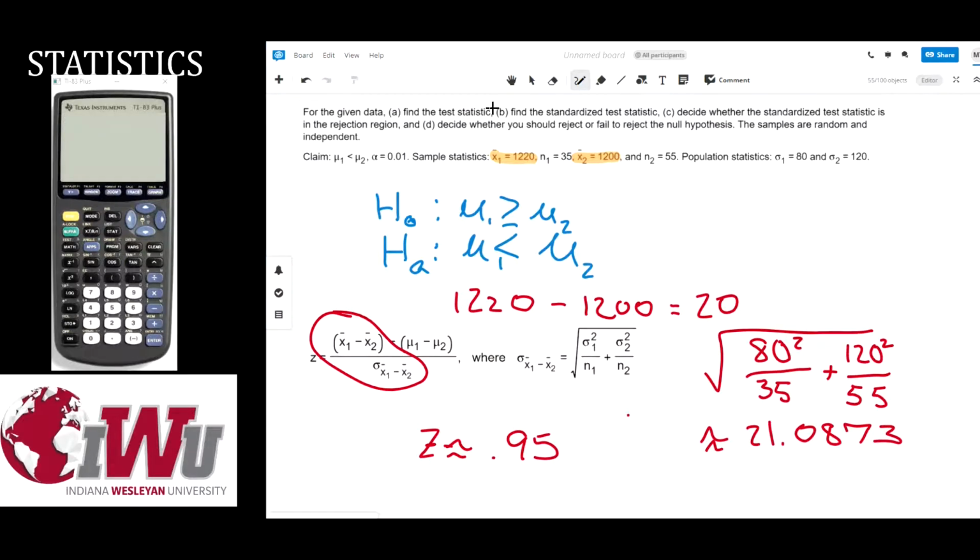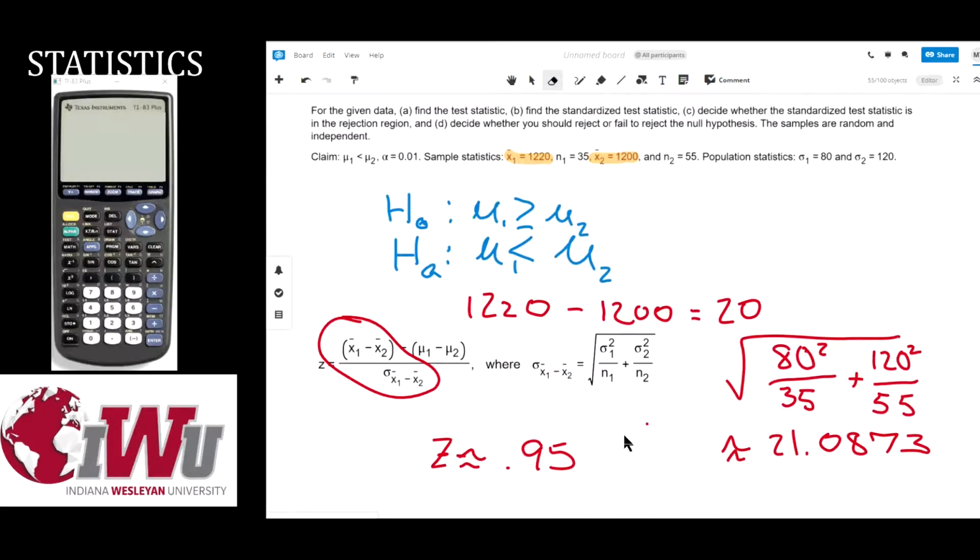Now we have our test statistic, and we need to look for that rejection region. Alpha is 0.01. We need to recognize that this is a greater than or equal to null, meaning one-tailed.